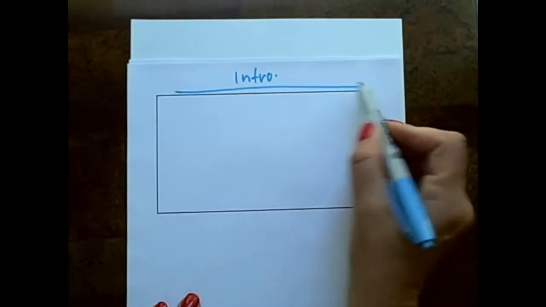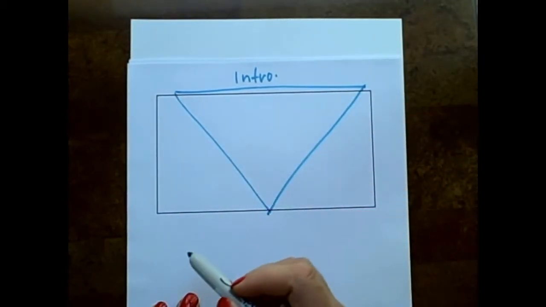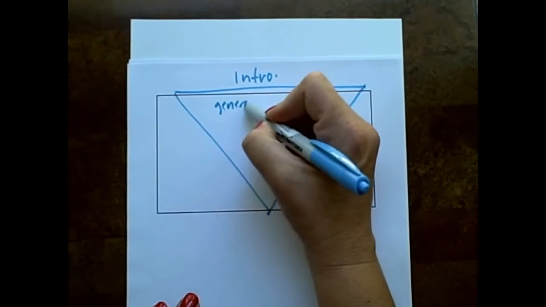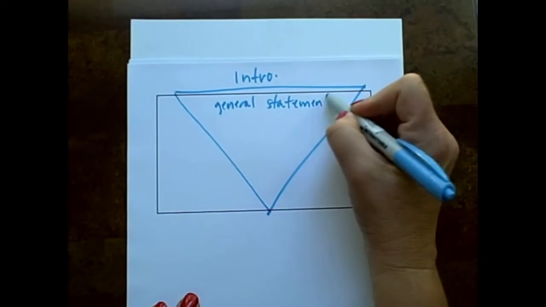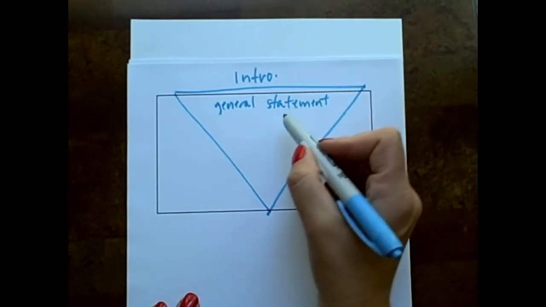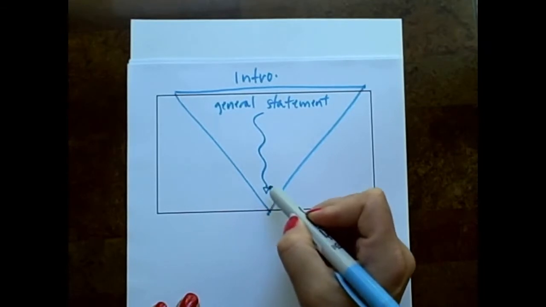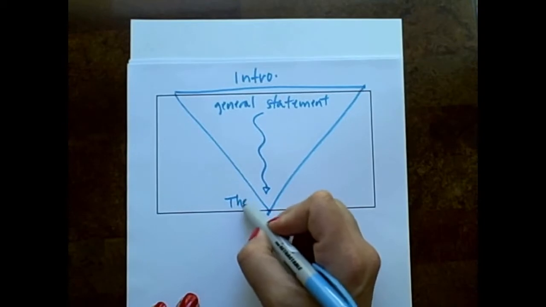Structure your introduction like an inverted pyramid. Begin with a general statement on your topic, and get more and more specific as the paragraph progresses until you conclude your paragraph with your thesis statement.